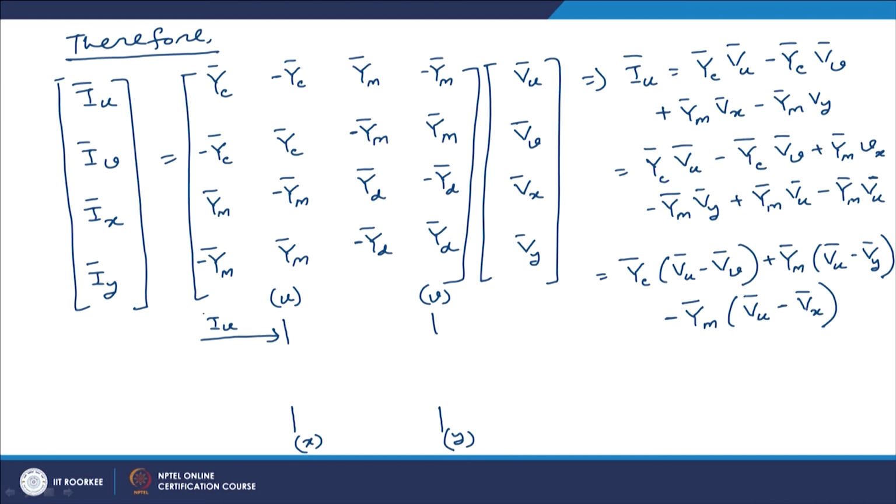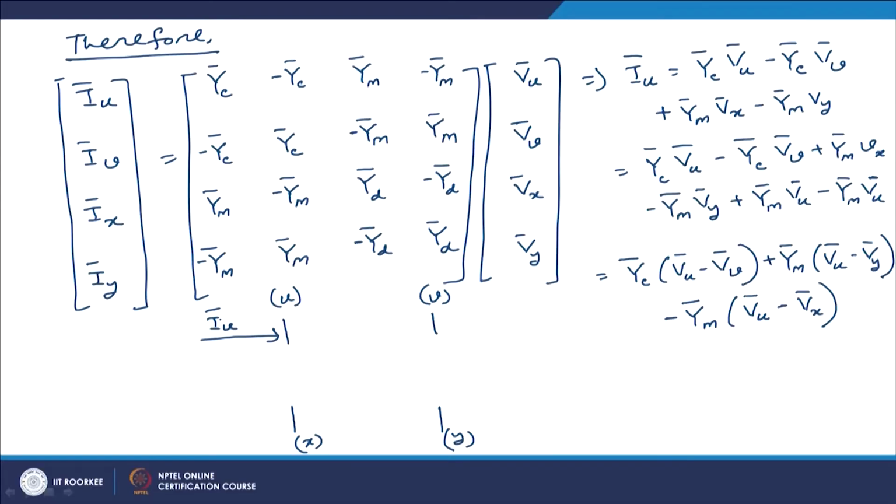We can see that this injected current IU actually consists of these three terms. If we can represent these three terms by some equivalent impedance or admittance, we can express this first row of this matrix relation by an equivalent circuit. Now let us see how we do this.